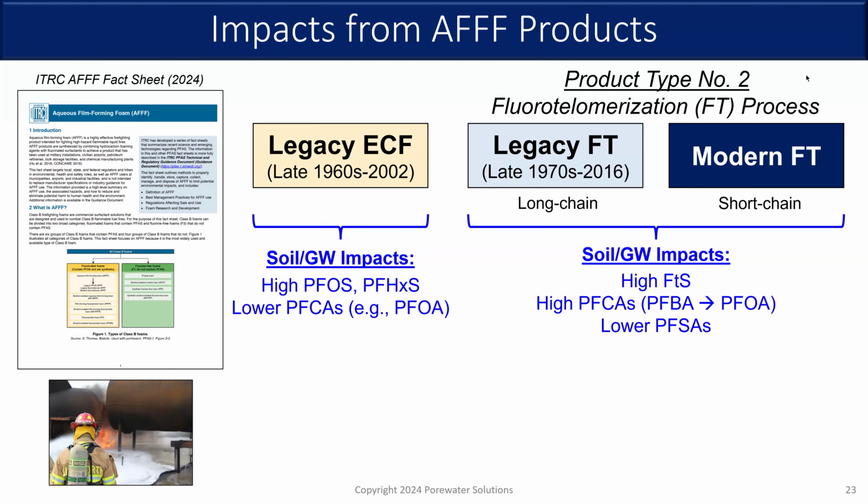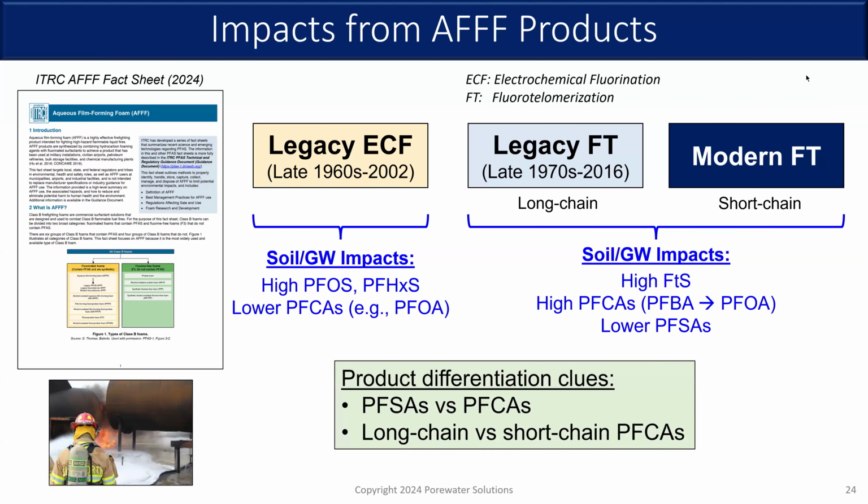So with FT products, when those get into the ground, we tend to see soil and groundwater impacts with high fluorotelomer sulfonates, particularly 6:2 FTS at a lot of sites. We also tend to see high carboxylates like PFOA, for example. And we see lower sulfonates like PFOS. Sometimes we've got both products used in the source area, and you see kind of a mix of these trends.